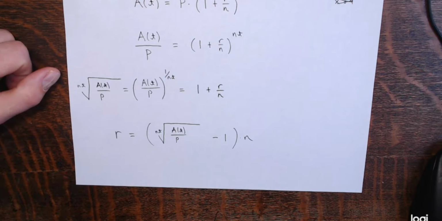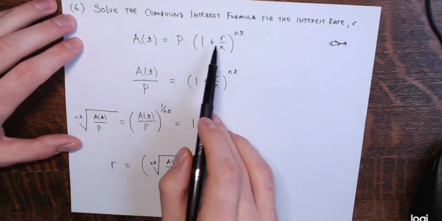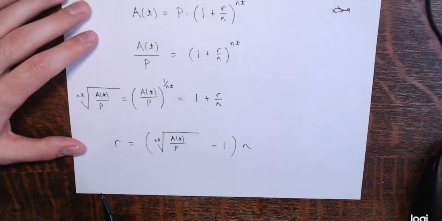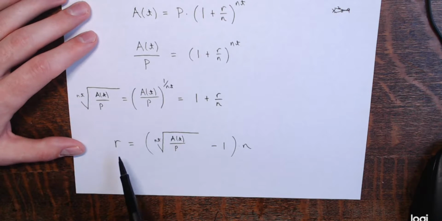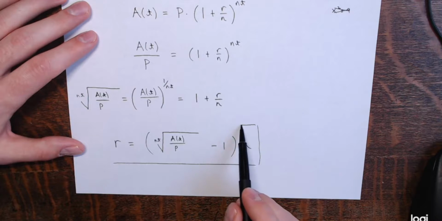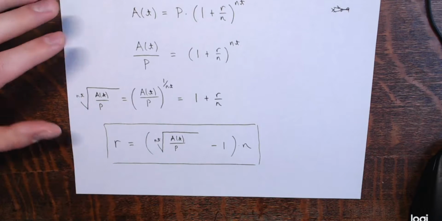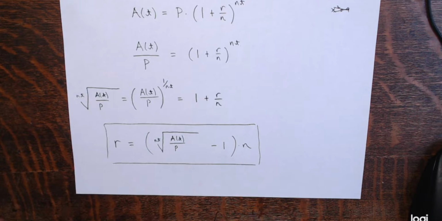So that's a fancy looking formula, but still it's the same formula as the beginning, but now solved for r. And that's it. That's all I was asked to do for that problem, but what I'm going to be using this for is in the final example I have.